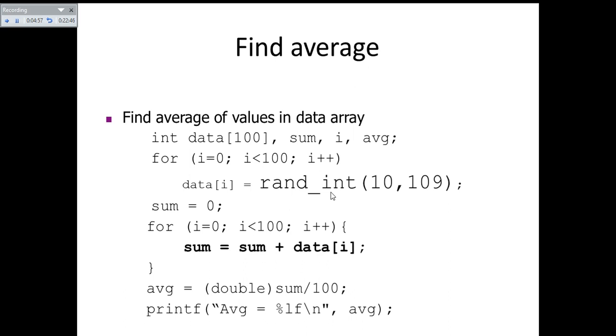So how many elements are there in your array is 100, and the sum is there in the sum variable. Since the contents of the data array are integers, we have to use explicit type conversion, so that the sum will be converted to double. When it is divided by 100, it will give you the average. So the average will now be a double value.